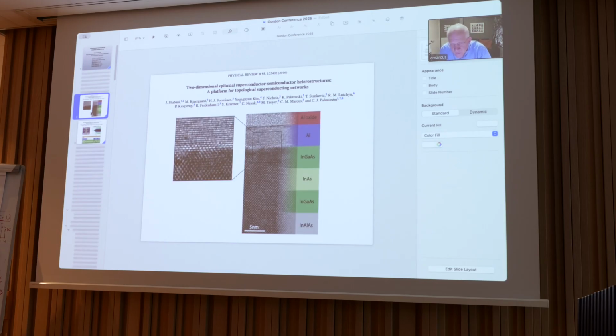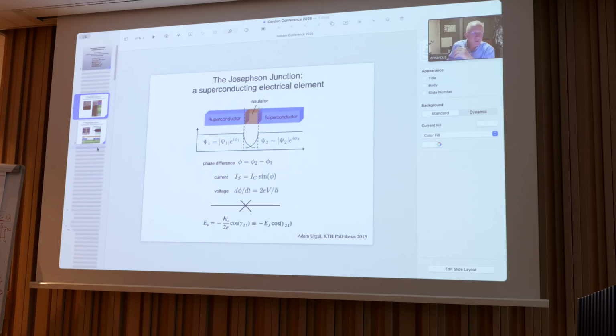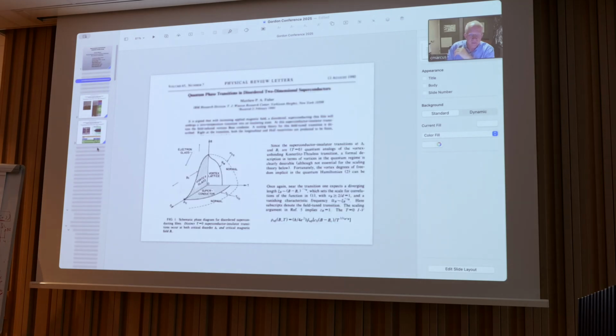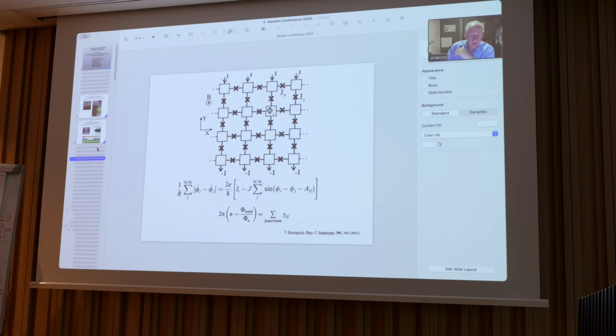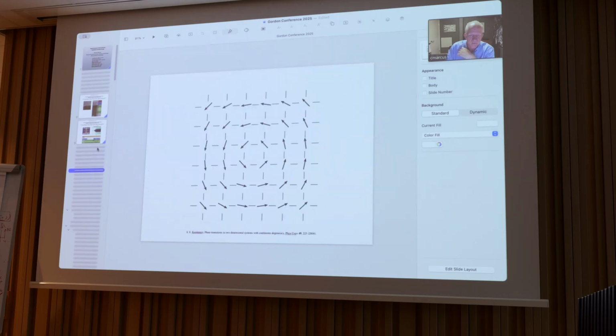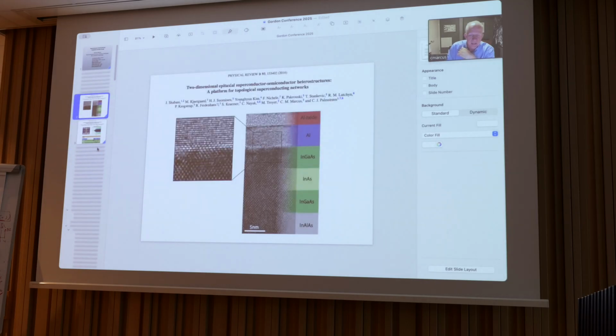What it is is a region in which there's probably a better photo that I can show you. Hold on, if I can get some pictures, it may not be in this talk. Sorry. Yeah, they're not in this talk. The barrier between the aluminum and the quantum well is not an insulator.